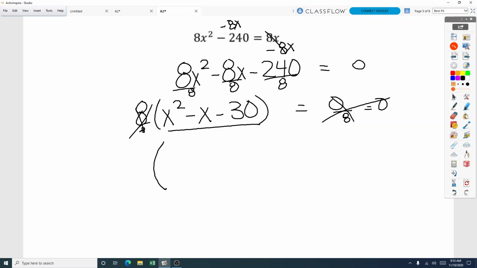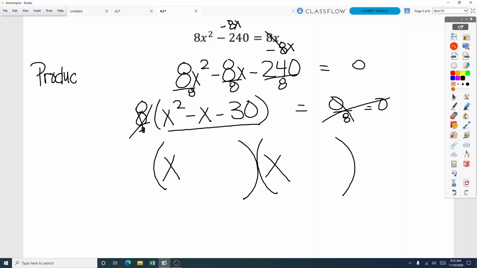So I'm going to go ahead and draw my factors. Each factor gets an x. And then I'm going to look. So I want a product of -30 that gives me a sum of -1. Now, because my product is negative, I know that 1 is positive, 1 is negative.